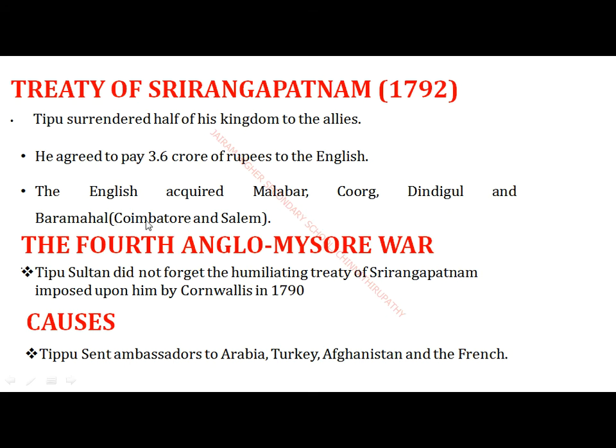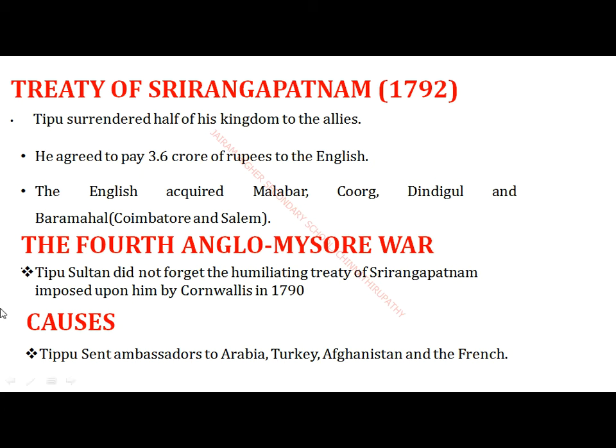The Baramahal plateau is situated in the region of Coimbatore and Salem. These places were acquired by the Britishers from Tipu Sultan. All of this happened under the Treaty of Srirangapatnam, which was signed and accepted on the side of Tipu Sultan.